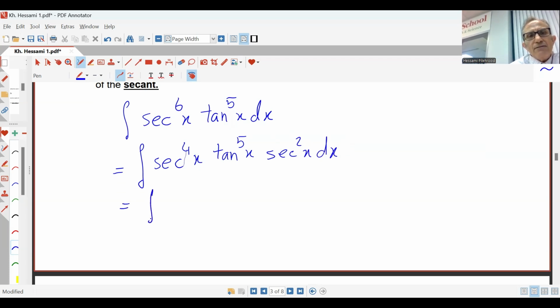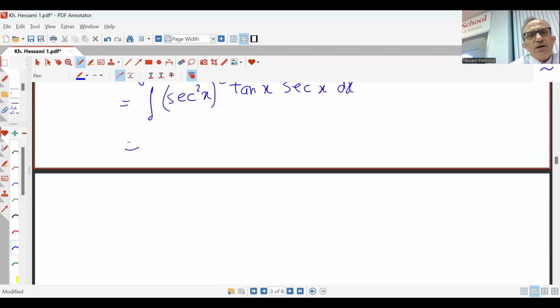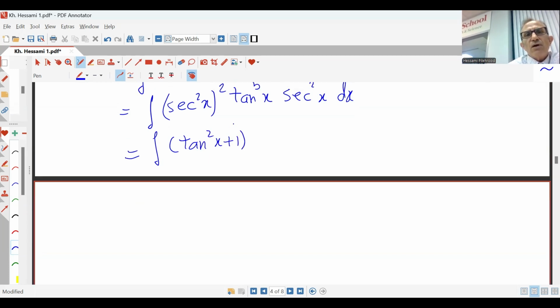What we have is secant square x to the power of 2 tangent to the power of 5x secant square of x dx. Now you know, by the Pythagorean identity, secant square of x equals tangent square of x plus 1, so we have tangent square x plus 1, to the power of 2, tangent to the power of 5x secant square of x dx.